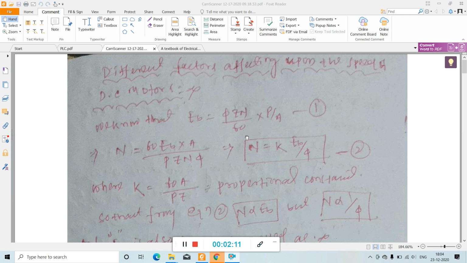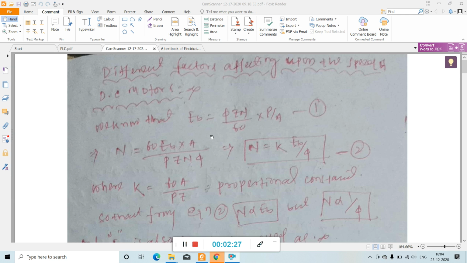Here N is the armature rotation in revolution per minute, or it can also be in revolution per second.